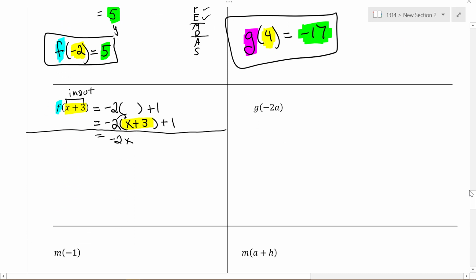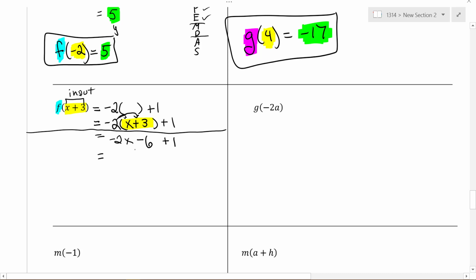All right, so that's negative 2x, and then negative 2 times the second term in that parentheses, that positive 3. So negative 2 distributed to a positive 3, that gives me a negative 6. Now the negative 2 only distributes and multiplies times what's inside of the parentheses. The positive 1 is not inside of the parentheses, so it just comes on down.